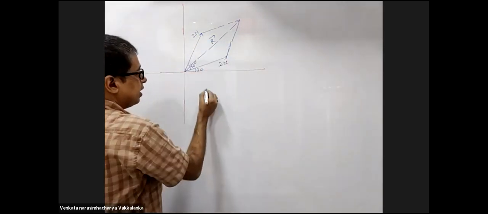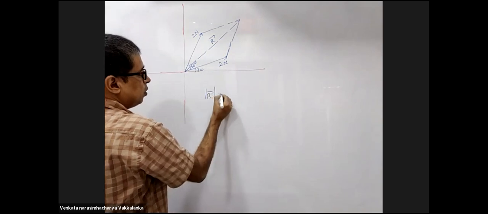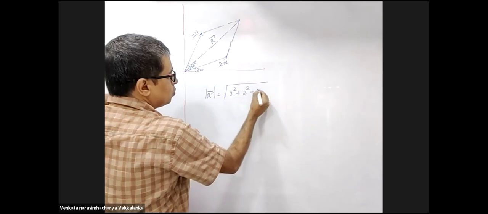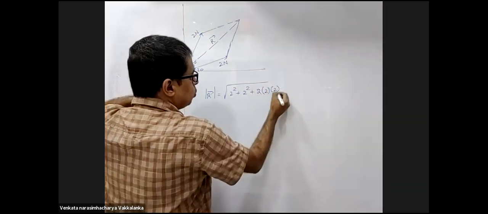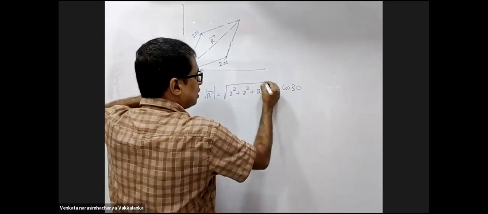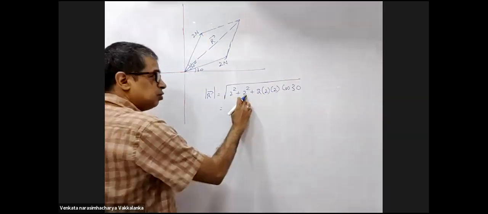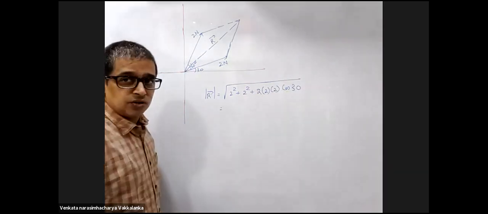How do you want me to get the value of R? Value of R is root over of 2 square plus 2 square plus 2 into 2 into 2 into cos 30, that is, P square plus Q square plus 2PQ cos 30.